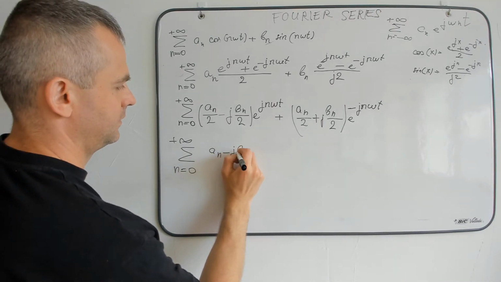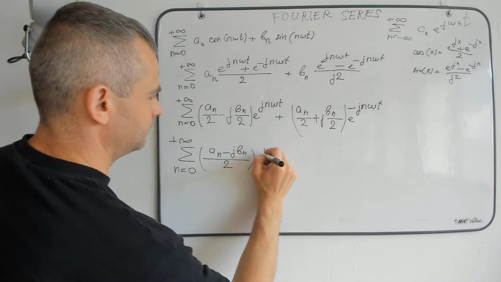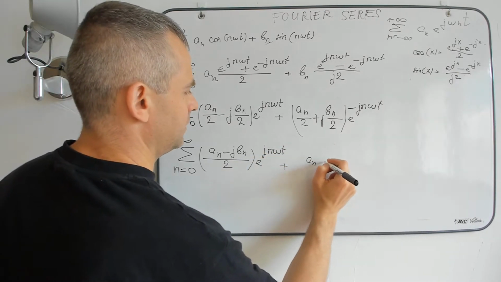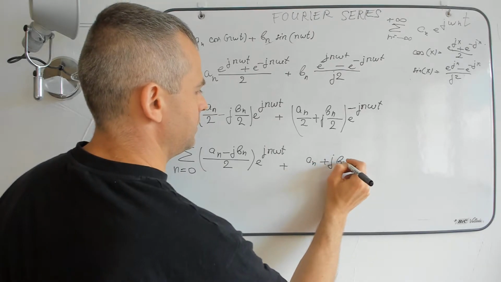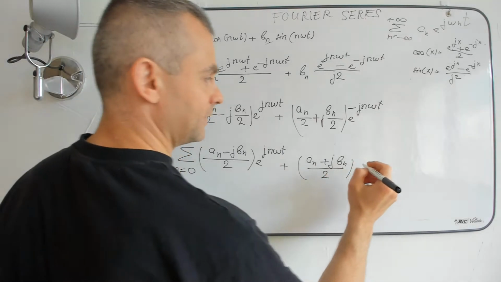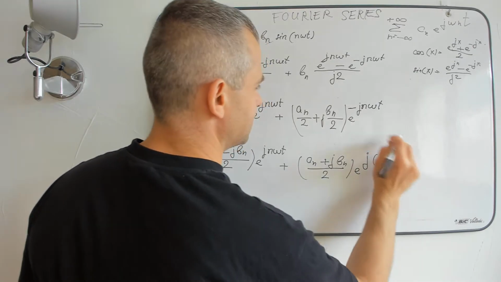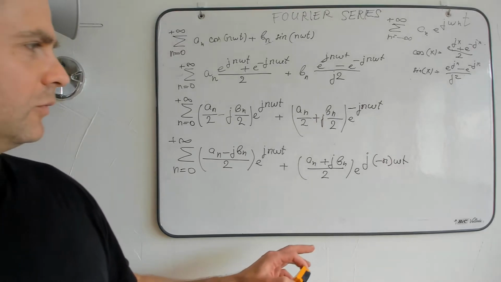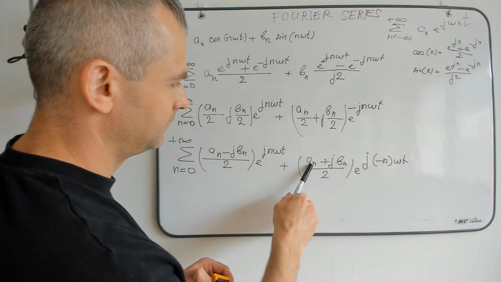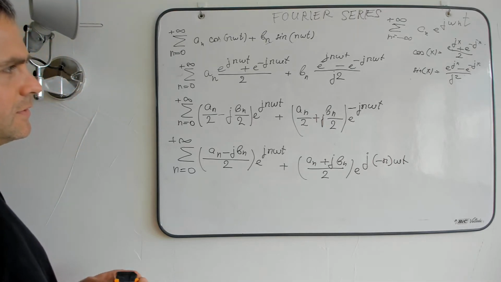So the first term is an minus jbn divided by 2, and the second is an plus jbn divided by 2, exponential of minus jn omega t. What is important is I would like to get here a minus n index. So how to do that?